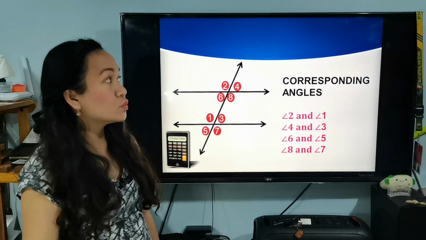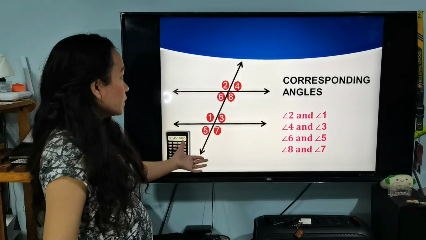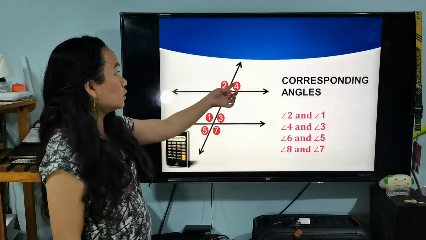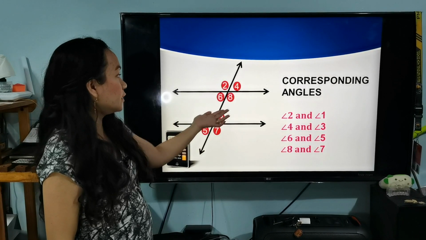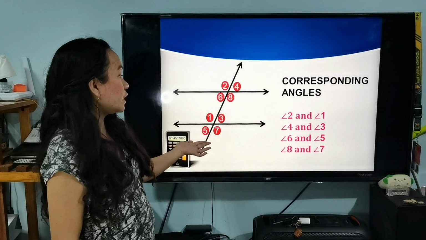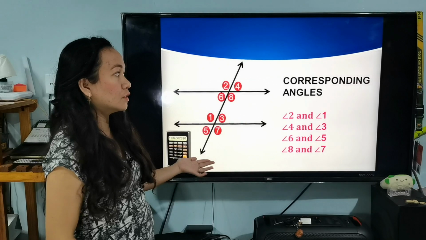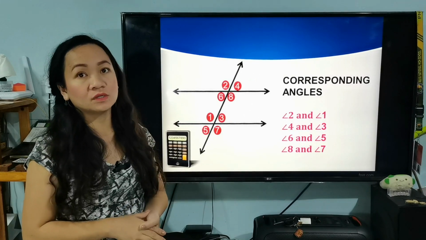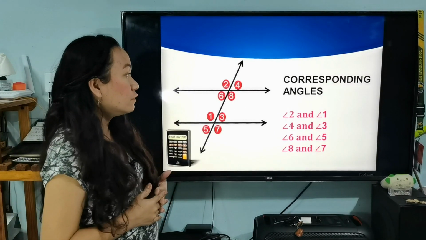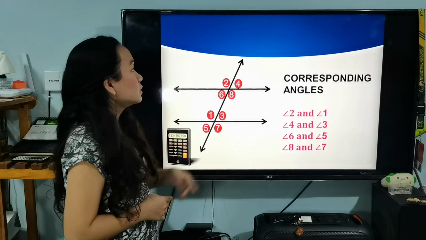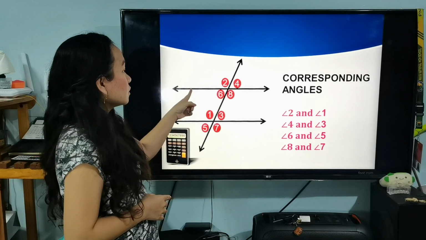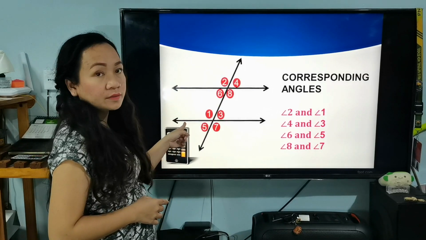Okay, suppose we are given this figure. So we have here angle 2, angle 4, 6, 8, angle 1, 3, 5, and 7. To identify the corresponding angles, of course we have here angle 2 and angle 1. So this angle corresponds to angle 1.